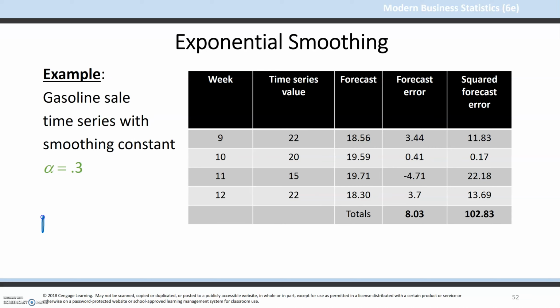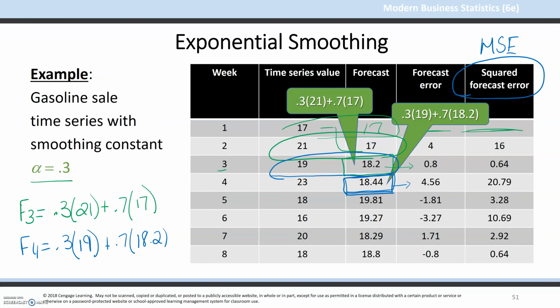Let's go ahead and calculate the MSE for an alpha of 0.3. So we're going to take the sum of our squared forecasting errors, and we're going to divide that by the same thing that we did before. How many actual forecasts did we have?